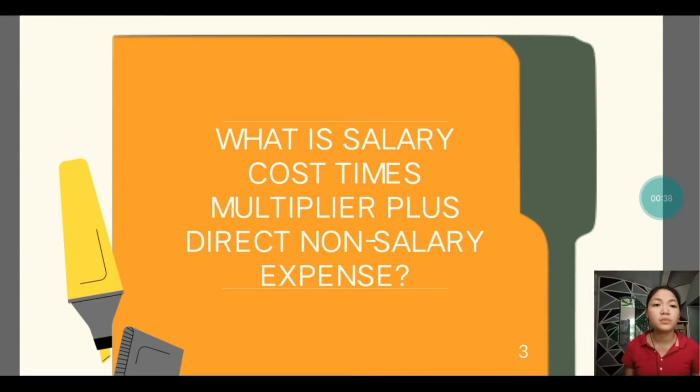Salary cost times multiplier plus direct non-salary expenses is a method of determining the charges of engineering services. With this method, charges for engineering services are based mainly on the direct salaries.